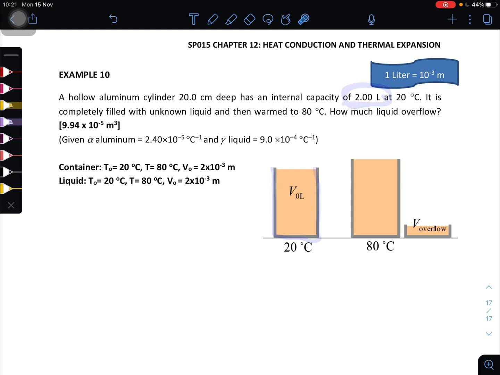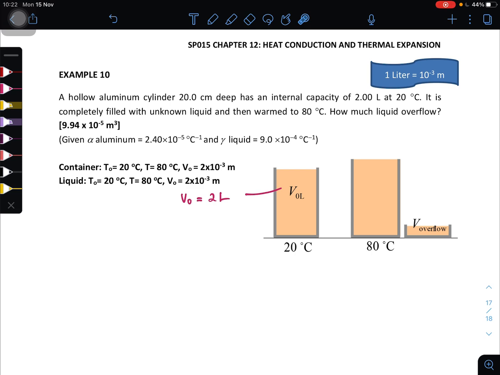And then since liquid ni dia memenuhi the cylinder, meaning that here this liquid has the same volume as the aluminium. So maksudnya the initial volume here is 2 liter.